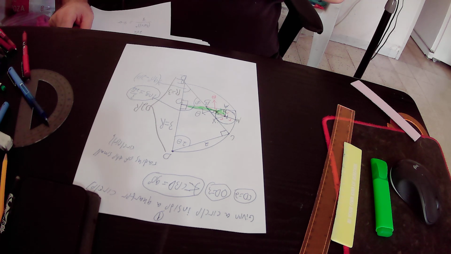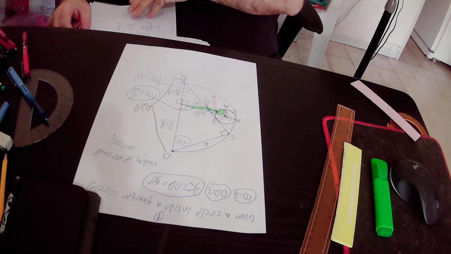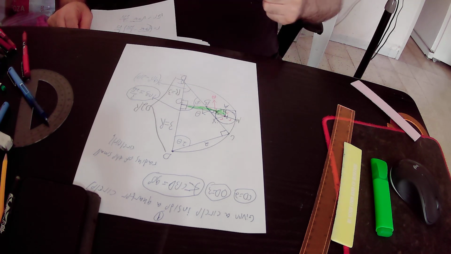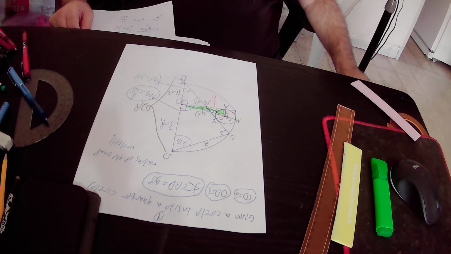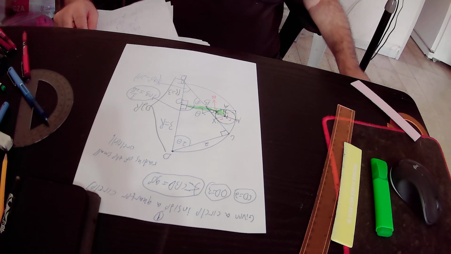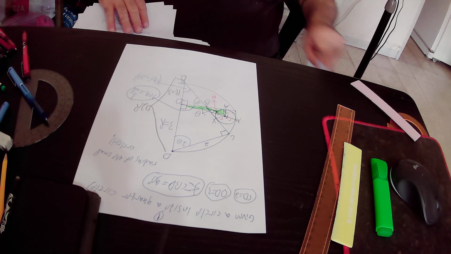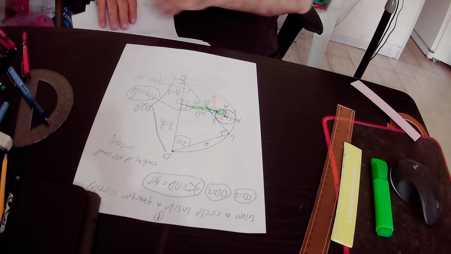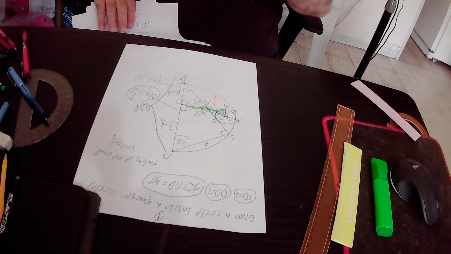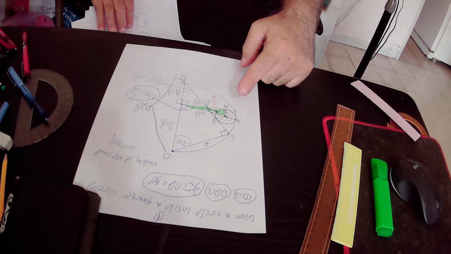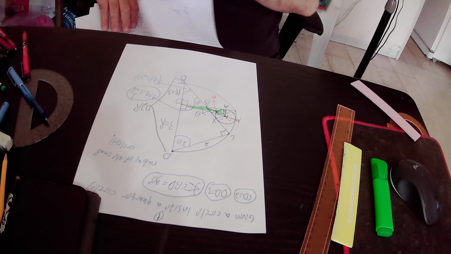And actually, in a quarter circle, DO is the radius of the quarter circle, and also angle DOA equals 90 degrees. Okay, so actually we defined the center of the small circle as point P. Then we drew here two radiuses of the small circle. We defined this as small r.